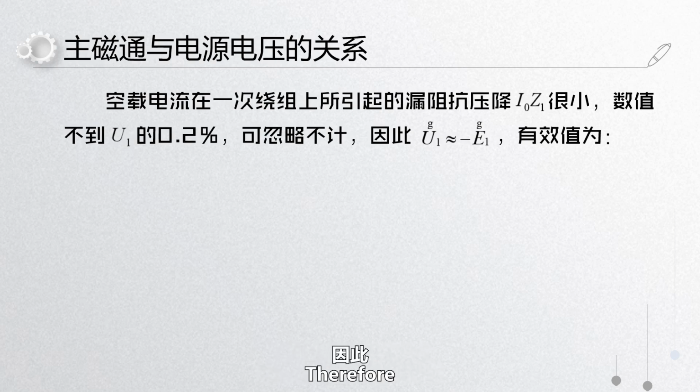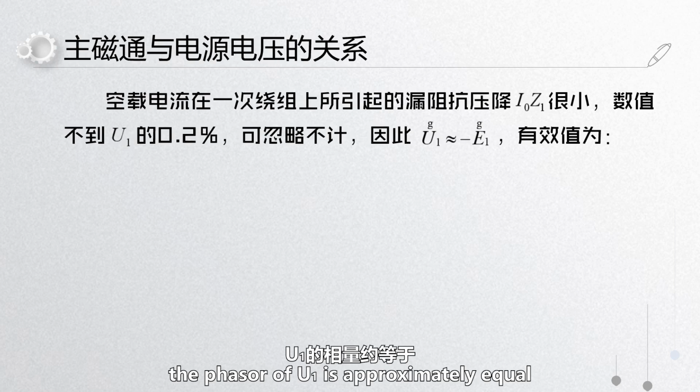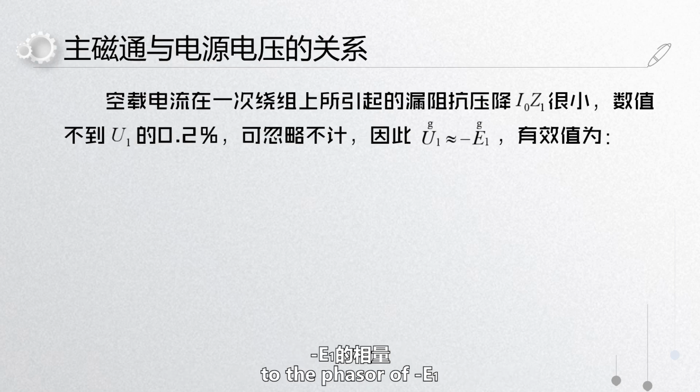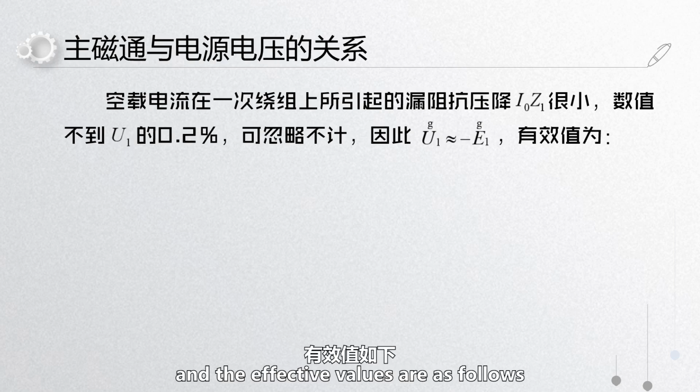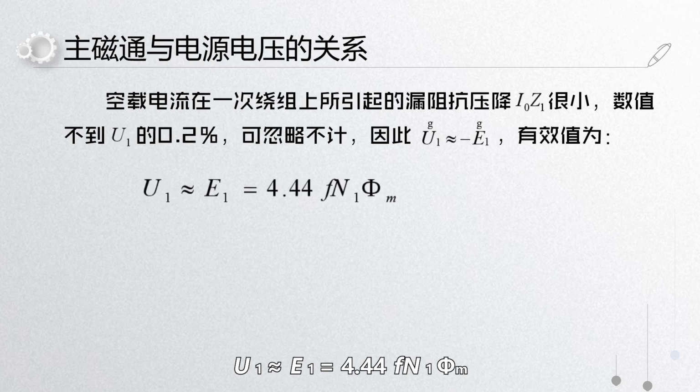ignored. Therefore, the phasor of U1 is approximately equal to the phasor of minus E1, and the effective values are as follows. U1 approximately equal to E1 equals 4.44 F times N1 times phi m.